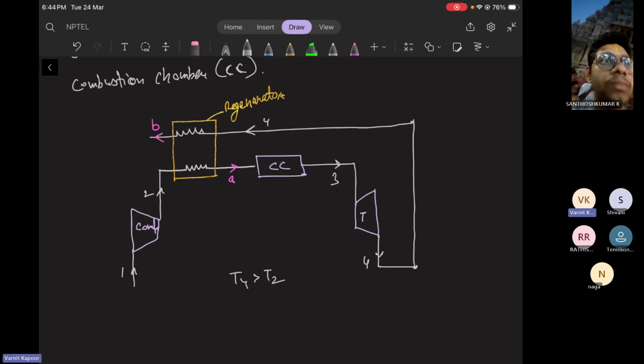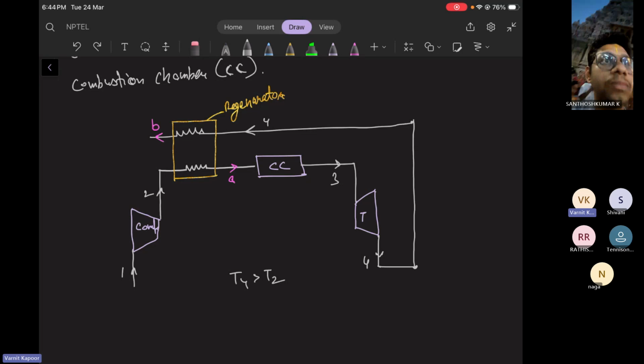The air entered through 1 into the compressor. It got compressed and reached temperature T2. Before entering the combustion chamber, it was passed through a regenerator where it took the heat from the exhaust of the turbine and reached a temperature A, and then it entered the combustion chamber. After the combustion chamber, the temperature was T3 and it entered the turbine.